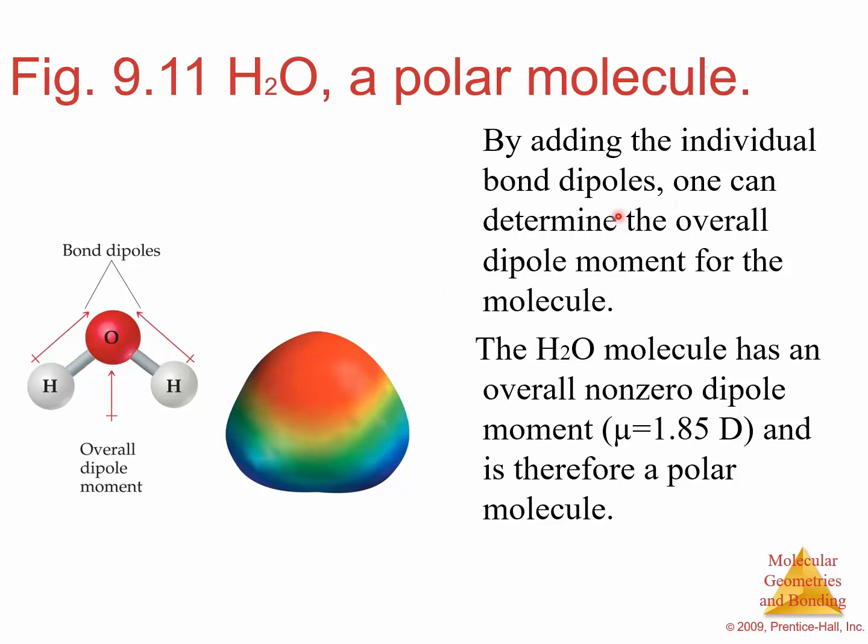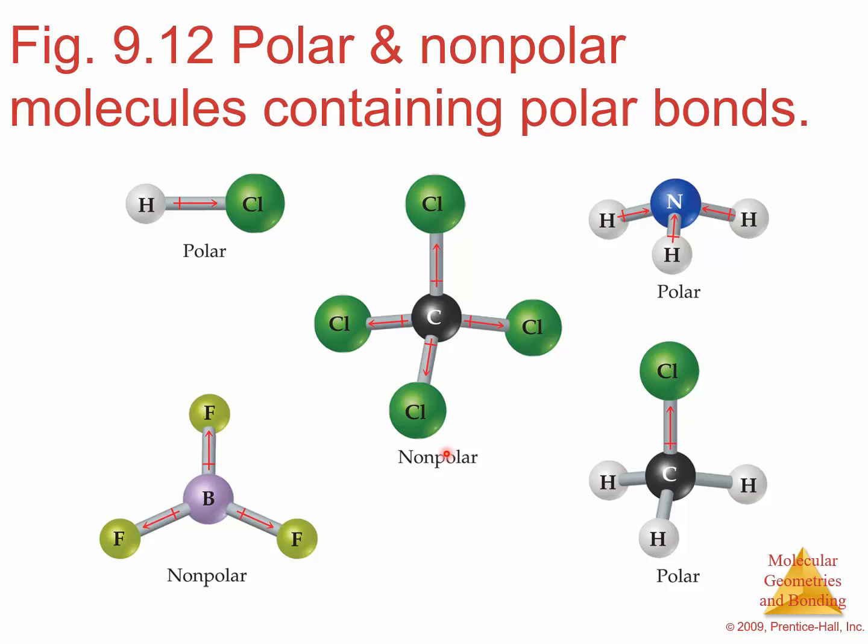So by adding the individual bond dipoles, one can determine the overall dipole of the molecule. So the water molecule has an overall non-zero dipole moment, mu equals 1.85 D, and is therefore a polar molecule.